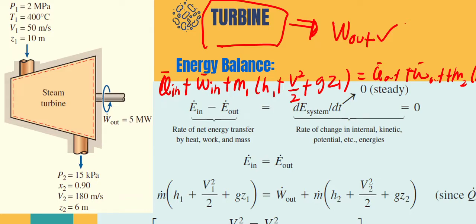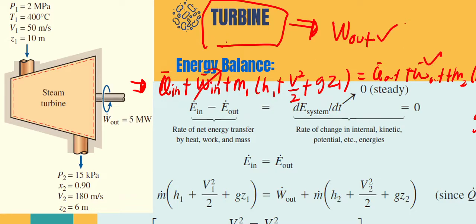So you always start with this general equation. You cannot memorize for all engineering devices, so just start with this general energy balance equation. So you know that there is work out for a turbine. Obviously, there is no work in.